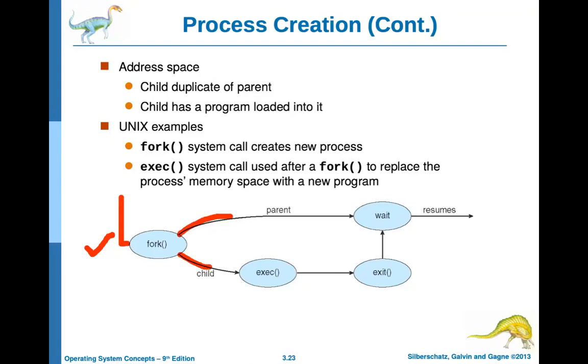One path is for the parent, and what the parent typically does is wait for the child to finish. So with fork we are getting two ways of execution. And here both are combined together. This is typically called join. So fork creates two paths and join combines these two paths. Got it?